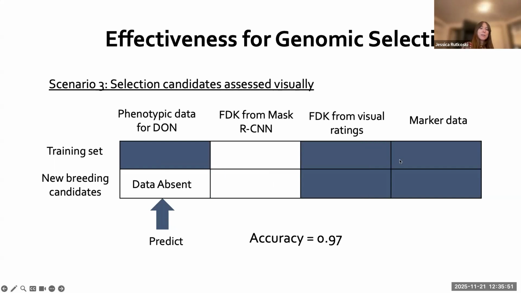With visual ratings included, accuracy is 0.97. So you can see, as you might expect, we get our best accuracy in a genomic selection approach with the visual ratings of kernel damage versus our Mask R-CNN. Nevertheless, Mask R-CNN was still better than nothing.